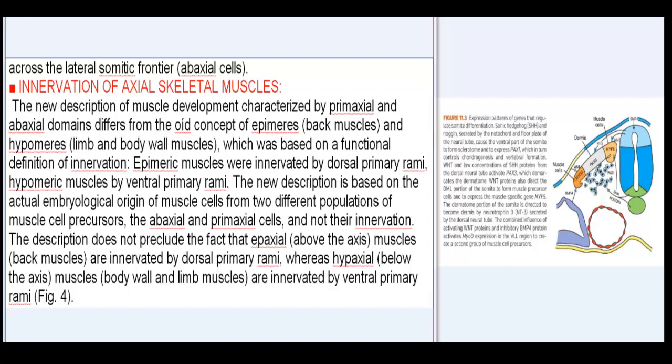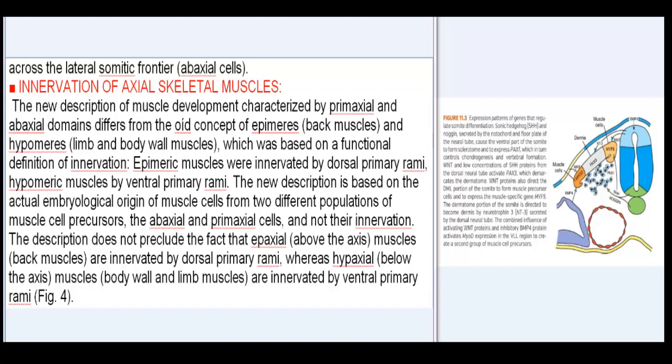Innervation of axial skeletal muscles. The new description of muscle development characterized by paraxial and abaxial domains differs from the old concept of epimeres (back muscles) and hypomeres (limb and body wall muscles), which was based on a functional definition of innervation. Epimeric muscles were innervated by dorsal primary rami, hypomeric muscles by ventral primary rami.